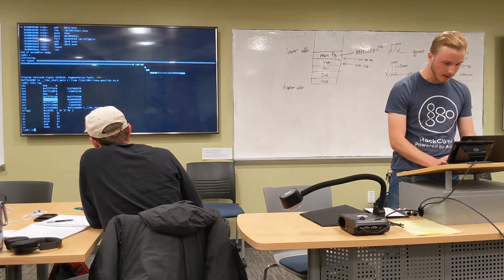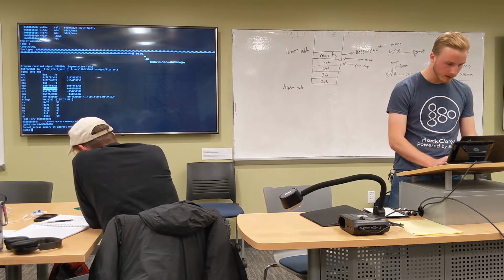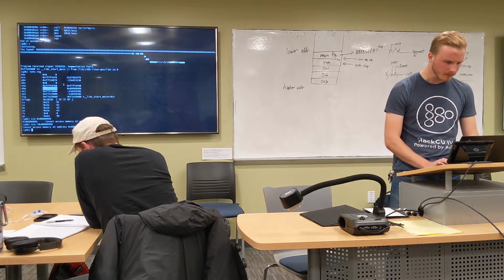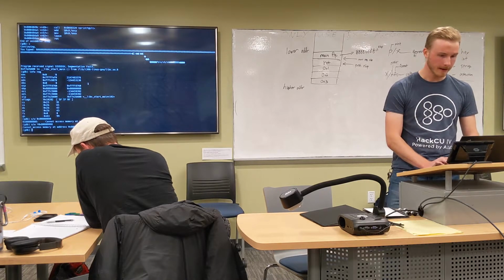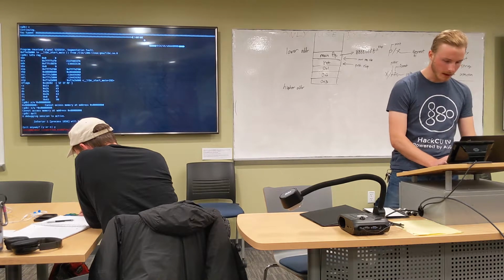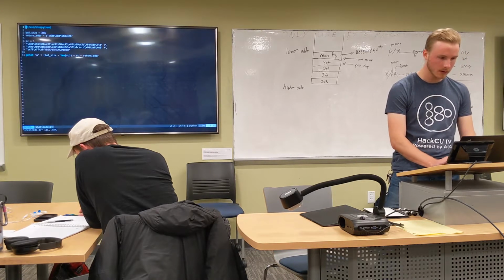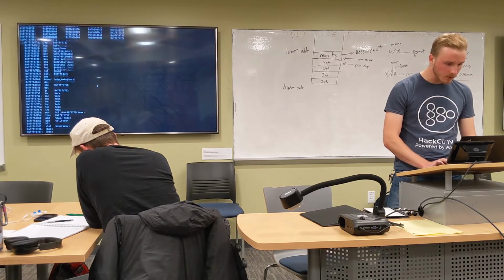Just out of curiosity, what if we do that? Nothing. Okay. Well, we do get a seg fault. It's obviously not what we want, right? We're looking for our return address. So where did we print out these?